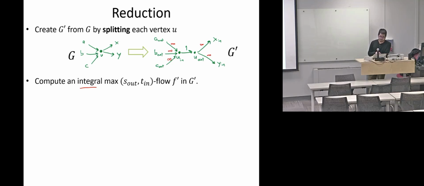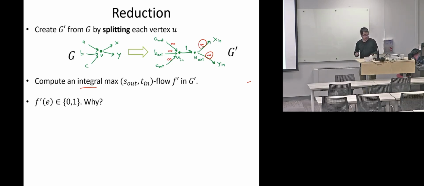Okay, suppose that I compute an integral flow. Now some edges actually have capacity more than one, but I claim that in this flow, every edge will have a flow value of either 0 or 1. This is clear. If it's integral, this guy will have value 0 or 1. Why? How about this guy? Why must this be 0, 1 as well?